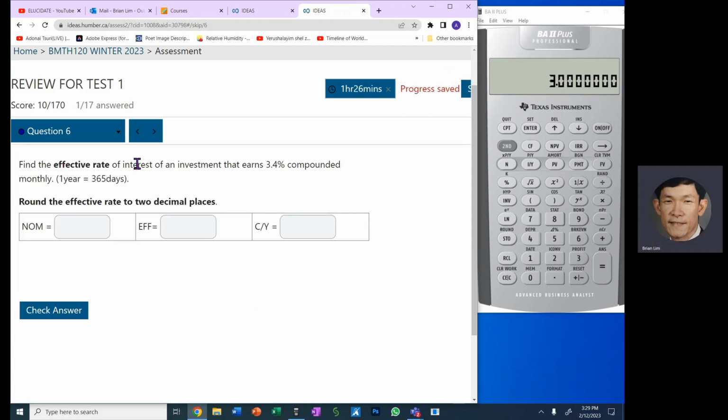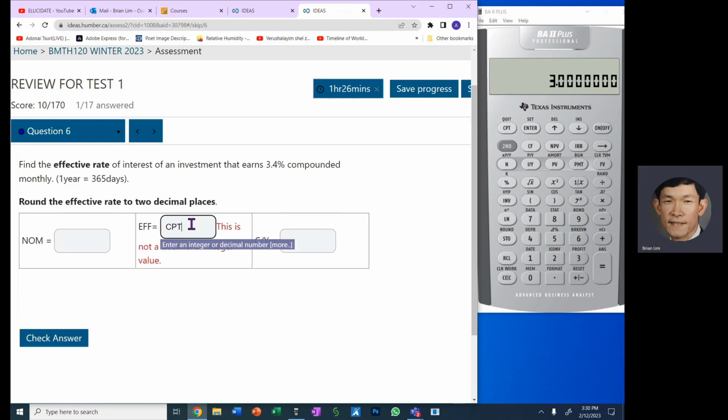Okay, find the effective rate of interest of an investment that earns 3.4% compounded monthly. So we're computing the effective rate, and we are given the nominal rate, which is 3.4.